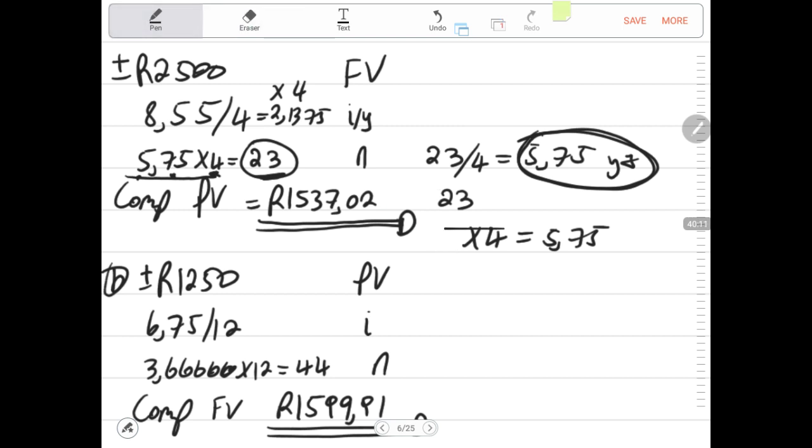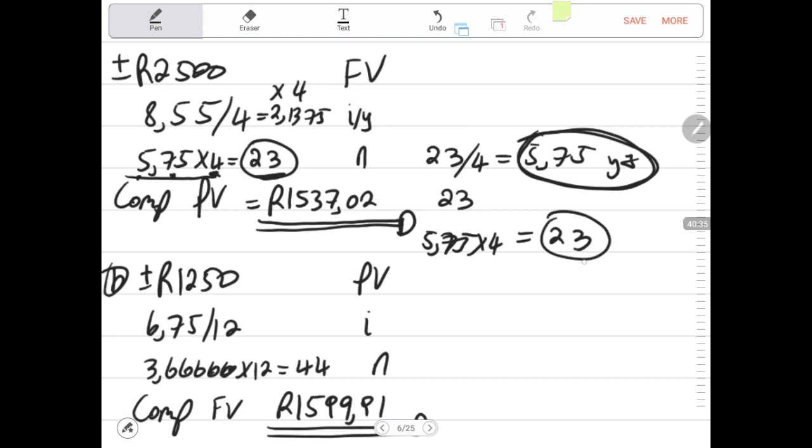We said 5.75 times 4 gave us 23. Sorry, I was doing things wrongly just now. In order for us to get to 23, we said 5.75 times 4 gave us 23.